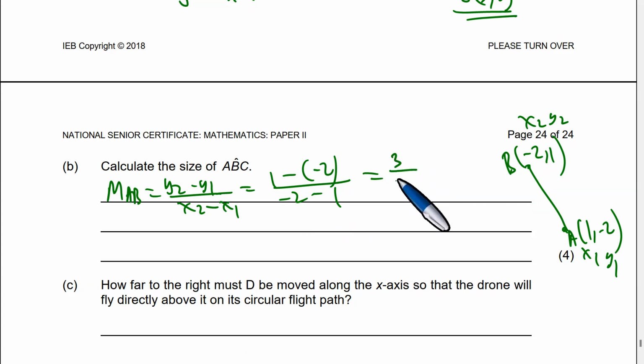This is 3 over minus 3, which is minus 1. So the gradient of AB is minus 1.